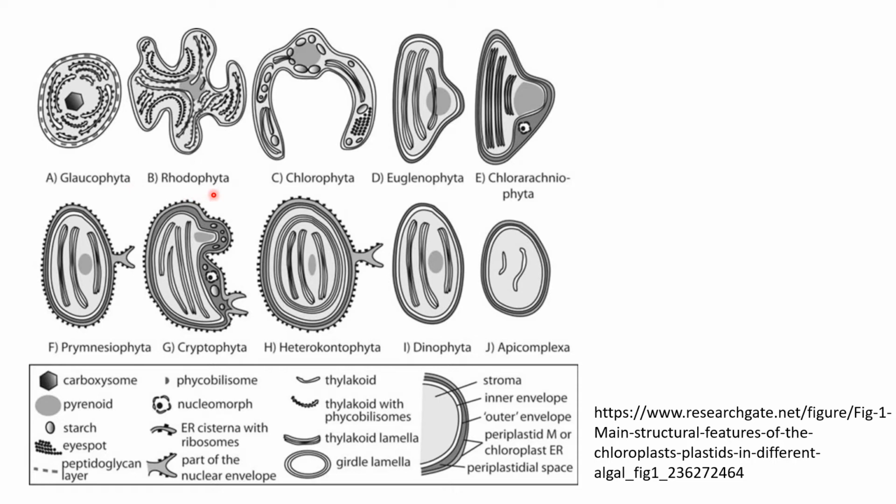Okay? And then, of course, you have rhodophyta, chlorophyta, and then makikita nyo yung kanilang thylakoid or yung important structure nila for photosynthesis. Then eventually, some algae like apicomplexa, some plastids, ito yung sa apicomplexa, umonti na yung thylakoid niya.